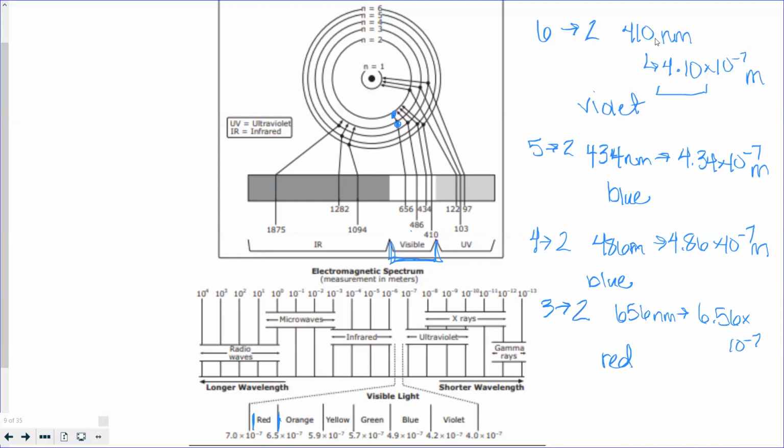With the emission spectra, whenever we run electricity or heat through hydrogen, it will split up and produce a band of red light, 2 bands of blue light, and I don't have a violet option, so I'm going to use green instead of violet. And then that should be violet.